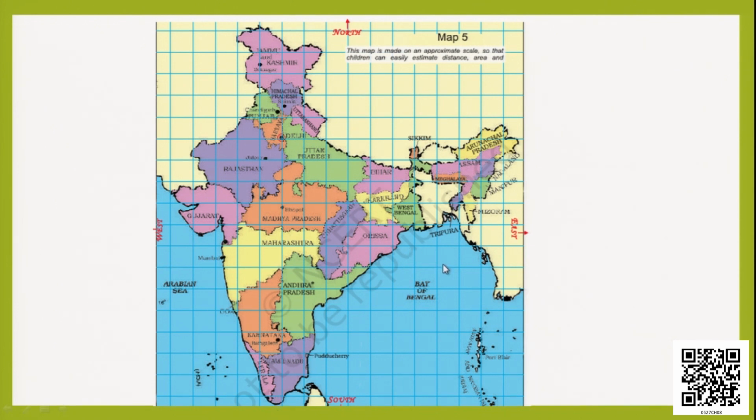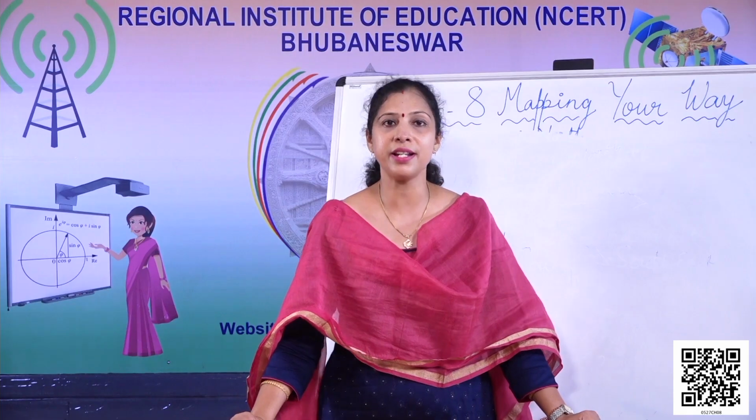So whichever state is over here, starting from here to here to here and ending here, you can say that all the states have sea on their side. So let's see what are the names of these states.